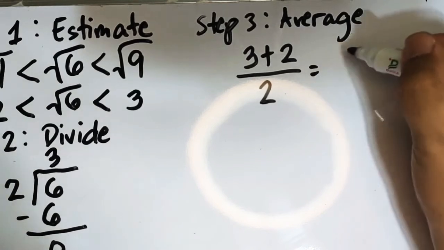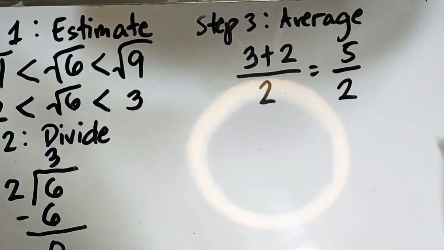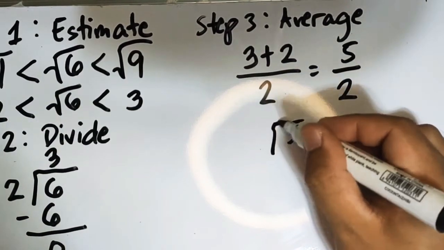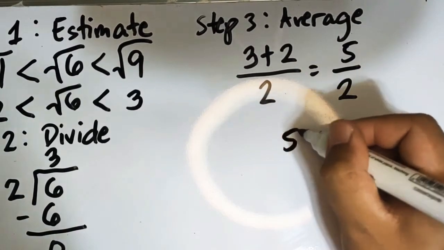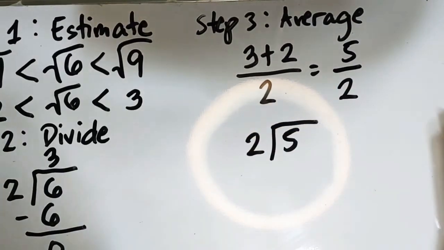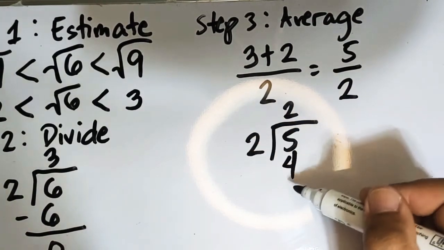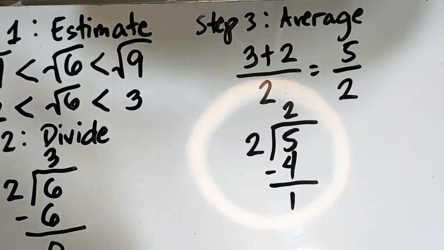Okay? That is 5 divided by 2. So, what is 5 divided by 2? Wait lang. So, 5 divided by 2 is equal to 2, and then 2 times 2 is 4. 5 minus 4 is 1. Okay, so meron pa tayong remainder.